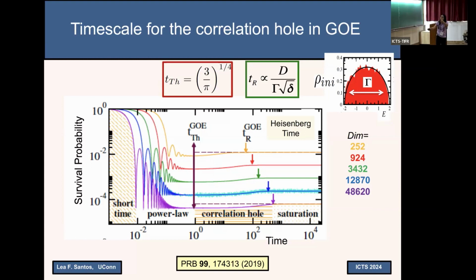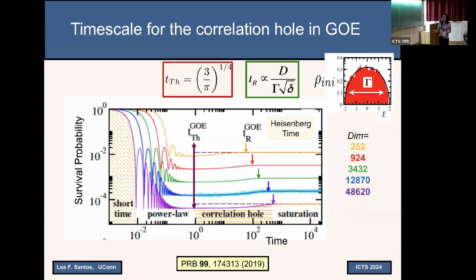So where we detect the spectral correlations, that's a constant, but to finally reach saturation, that is a time that grows with the dimension of the Hilbert space. This is the Heisenberg time, the inverse of the mean level spacing. So for this quantity to finally equilibrate, we have to go all the way to Heisenberg.